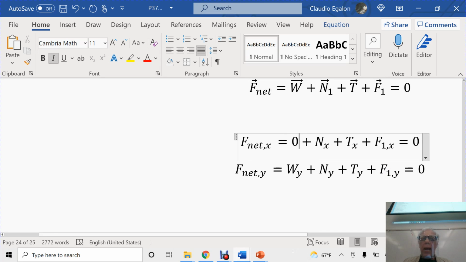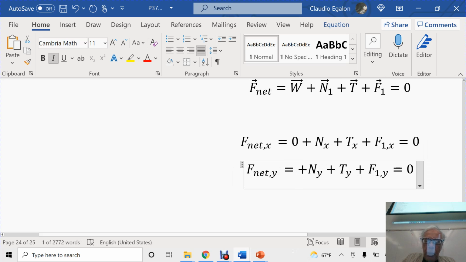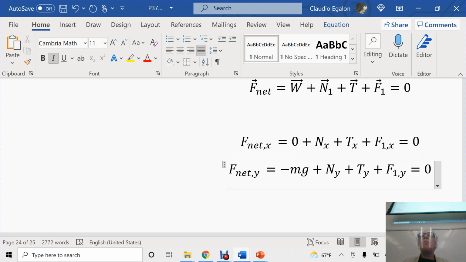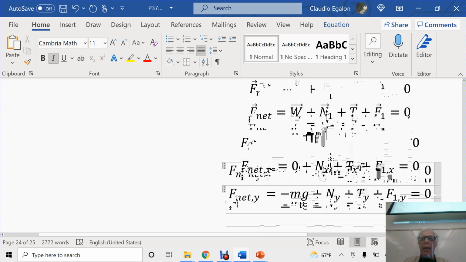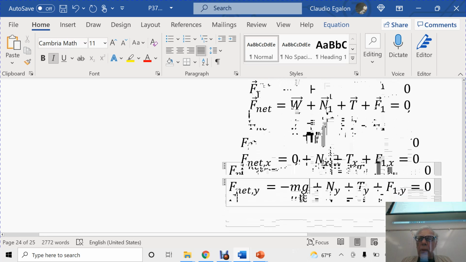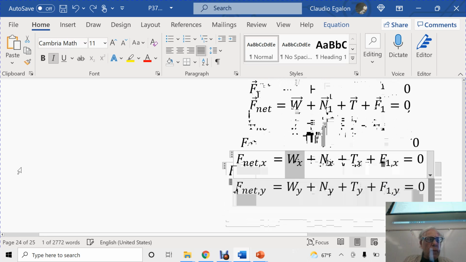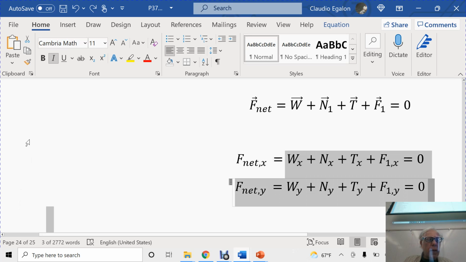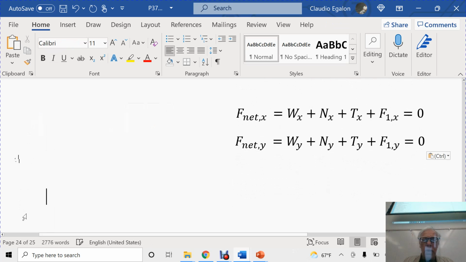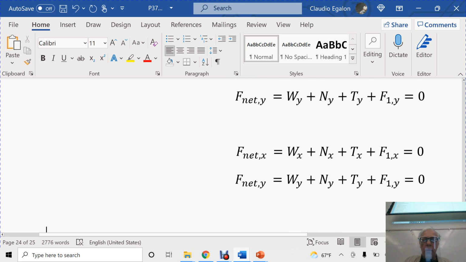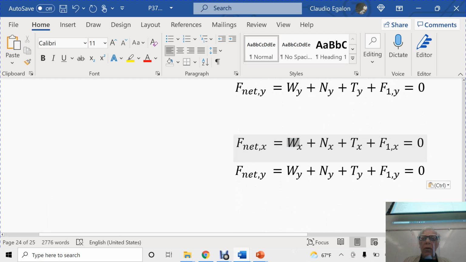And we already know that the y component of the weight is going to be minus mg, right? It's pointing downwards. I want to do it in the next one so you don't lose this information. It's a little bit more extensive, but here you go. Now we got it. This one is going to be 0.